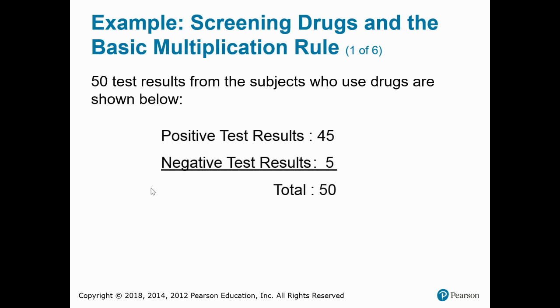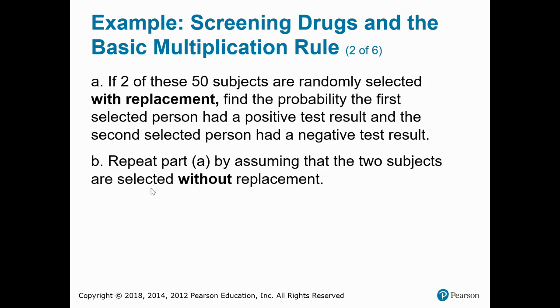All right, so here's an example. 50 test results. There are 45 positive test results and 5 negative test results, for a total of 50. If 2 of these 50 subjects are randomly selected, notice in bold it says with replacement. Find the probability the first selected person had a positive test and the second one had a negative test.